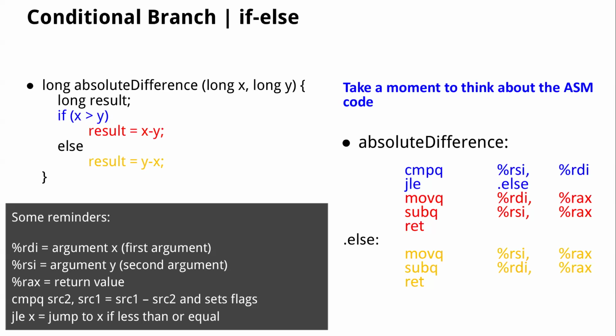However, if x is less than y, or x is equal to y, in this case less or equal to y, then we're going to take this jump, and we go here. And here, we do a move, then subtract, then also return. That's why this function has two returns, because we have two ending branches there.